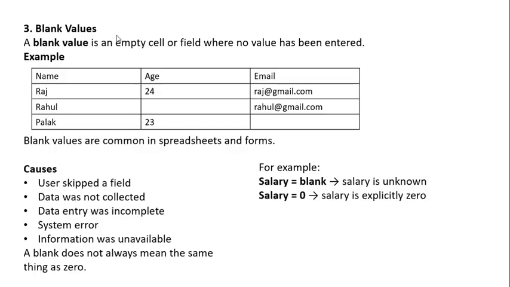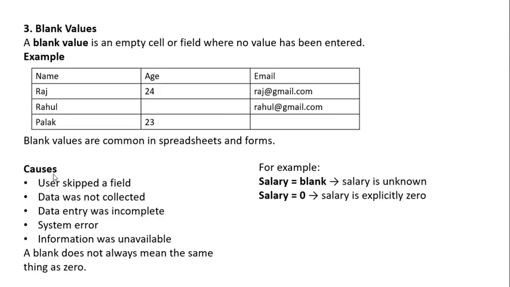Third is blank values. A blank value is an empty cell or field where no value has been entered. This table shows missing age and missing emails. Blank values are common in spreadsheets and forms.